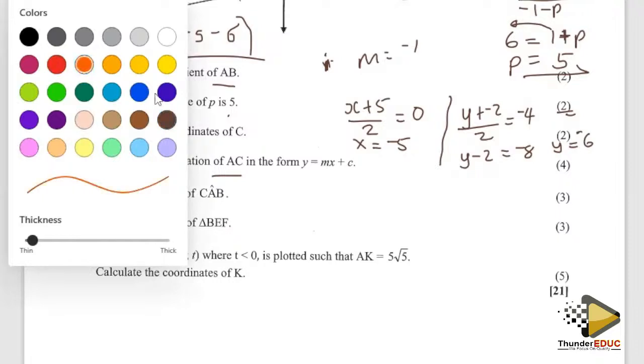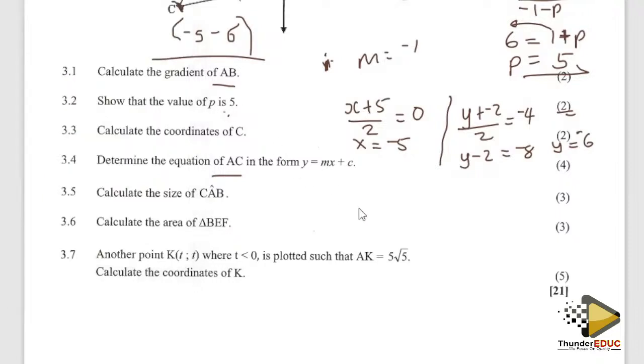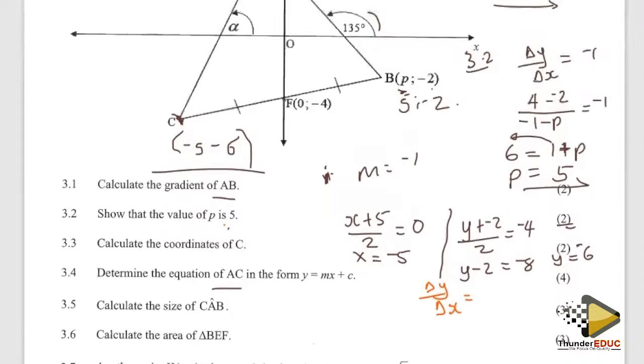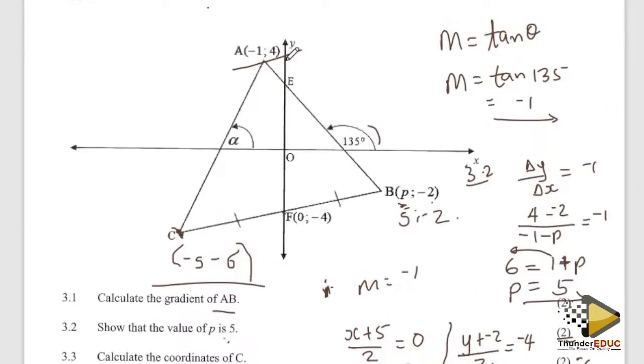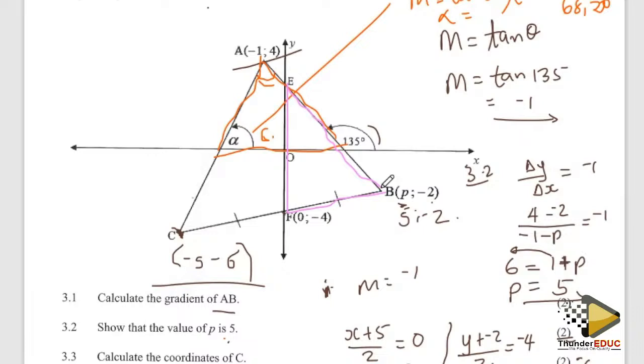Let's get the gradient. So we know that gradient, we said, is change in y over change in x. Let me use 4, positive 4 for this y. So I'll have 4 minus, okay, let me do this.